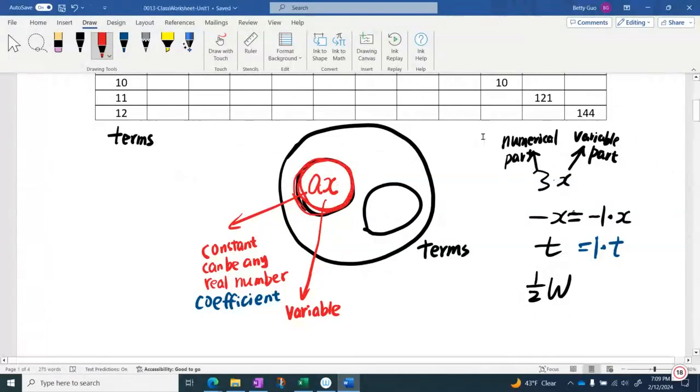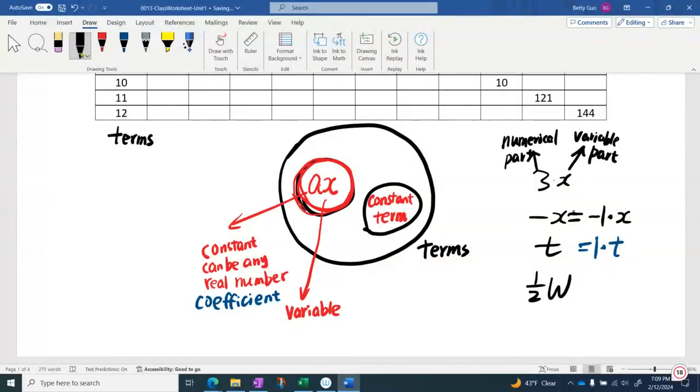Another type of terms is called a constant term. What is a constant term? Simply put, a single number is a term. For example, 5 is a term. 93 is a term. 1/3 is a term. -0.4 is a term.